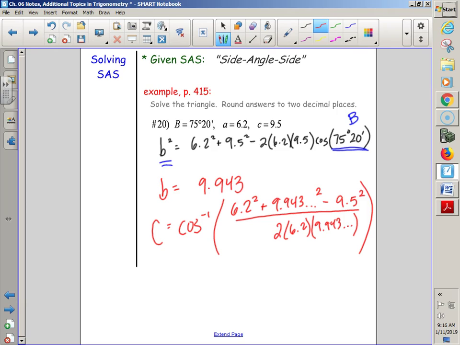Did you get it? The 9.943? Okay. So you can do your cosine inverse of... actually it might be harder, because if you do second entry, you're going to have to go deleting stuff. It's probably going to be easier to go ahead and plug in.